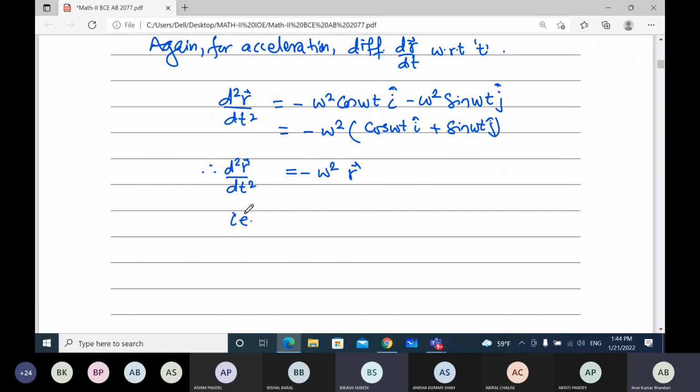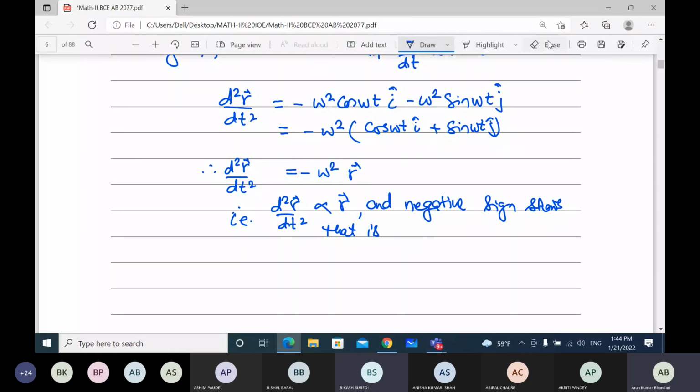That is, d2r by dt square is proportional to r, and the negative sign of omega shows that it is directed towards the origin.